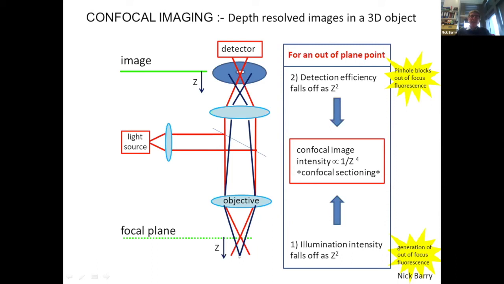An out of focus point here, slightly below, is focused actually below the pinhole and diverges, and most of the light that it generates doesn't actually get through the pinhole. So you get this sectioning effect, and that's a very important thing, because that allows you to take a stack of 2D slices and build them up into a 3D representation of a three-dimensional object. So that's the real power of a confocal.